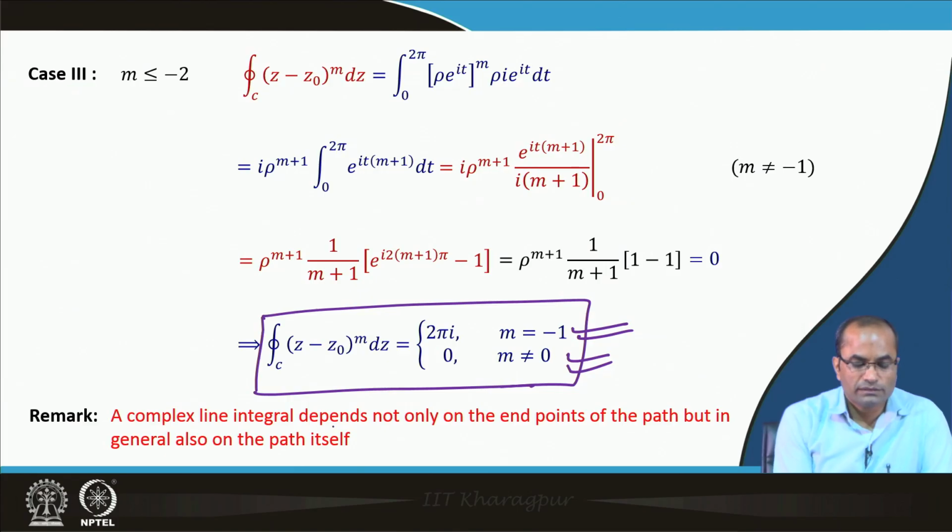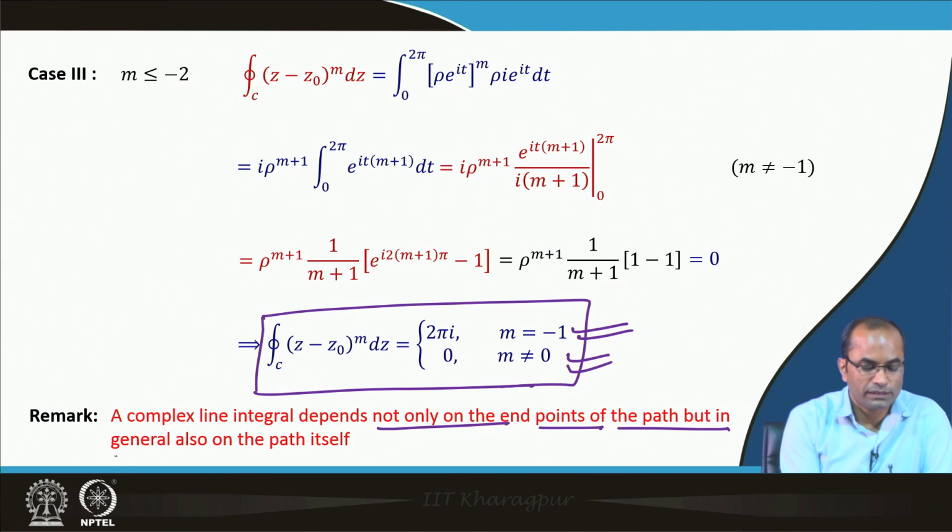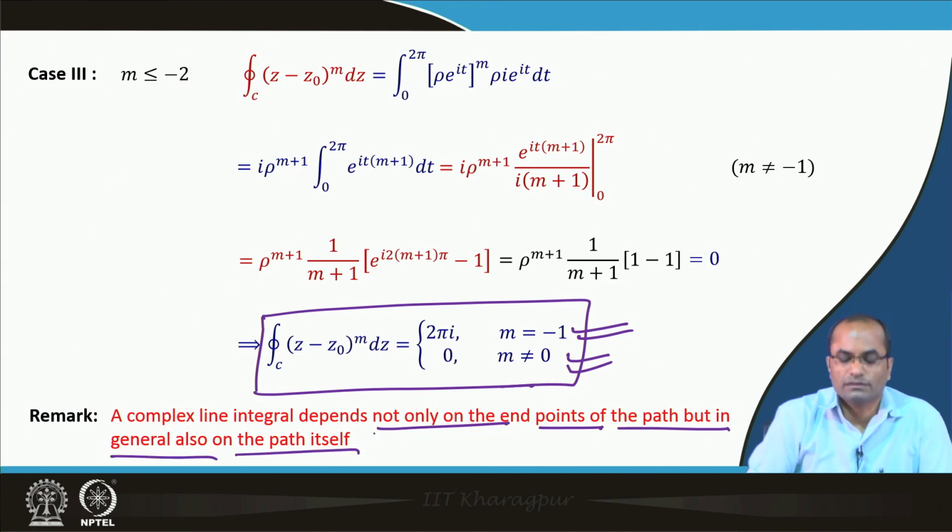So, a complex integral depends not only on the end points of the path, but in general also on the path itself. So, as we have seen here, it was a closed curve, but we still have a nonzero value there.